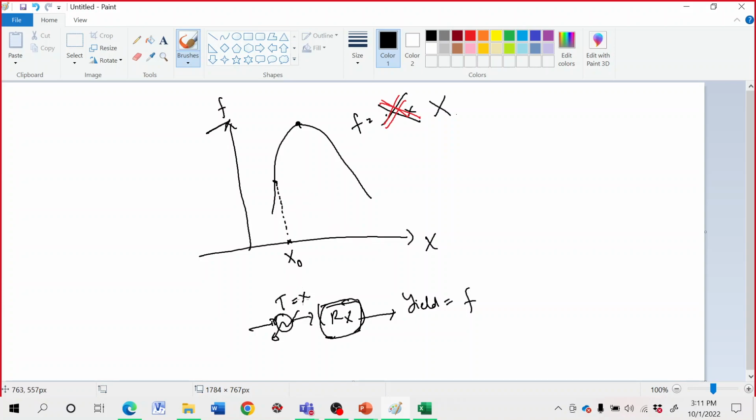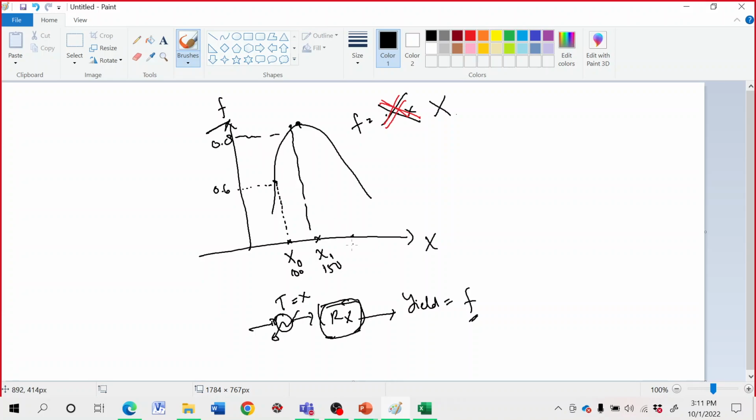So what you could do is put in a temperature of 100 degrees C, and then monitor what the f is. Maybe, for example, 0.6. Now if I put x1 at 150 degrees C, maybe it's 0.8.